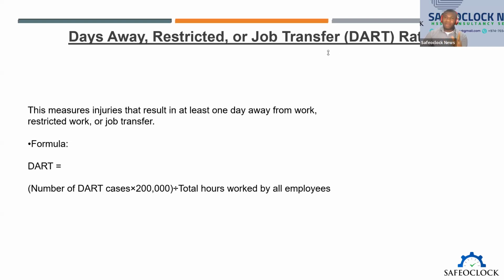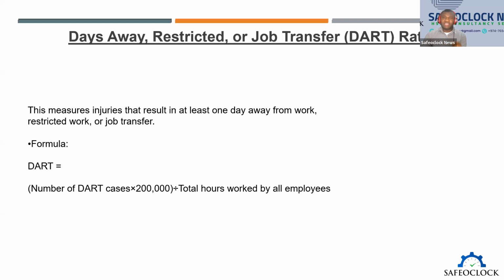This is a calculation that measures the injuries that result in at least 1 day away from work. So if an incident happens, but somebody didn't take leave or take off because of that incident, we are not going to put it as part of this parameter. We are not going to calculate it here.